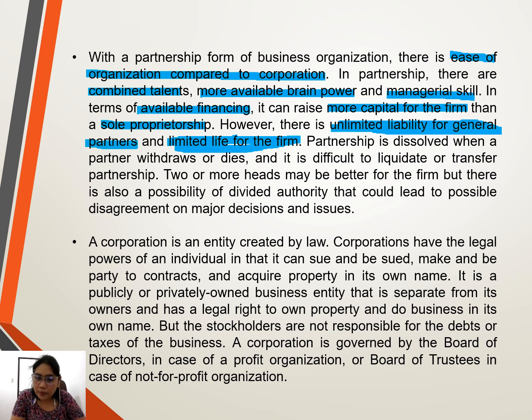Pag ikaw ay general partner, kahit naubos na lahat ng asset ng company nyo, pwede ka pa rin habulin ng creditor. Sisingilin ka niya. Ang ipangbabayad mo na, personal money mo na. Kasi nga, wala na yung partnership eh. Wala nang available fund yung partnership. So, ang sisingilin niya, ikaw na. Hindi mo pwedeng idahilan na, ay wala na, bankrupt na yung partnership namin, wala na kami pang bayad. No. Okay? So, ikaw ang sisingilin nun.